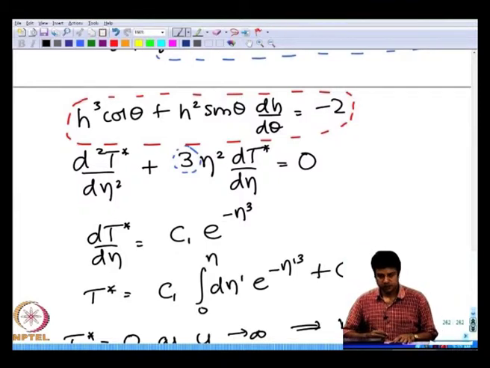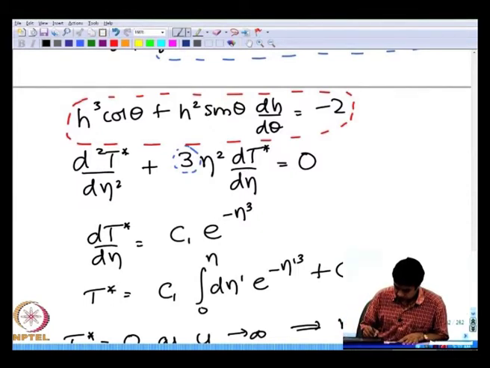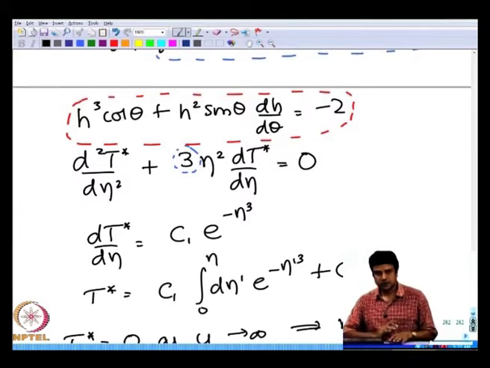And now I have to satisfy the boundary conditions. The boundary conditions are T star is equal to 0 as y goes to infinity, which corresponds to eta goes to infinity. T star is equal to 1 at y is equal to 0, which corresponds to eta equal to 0. So, these are the two boundary conditions.